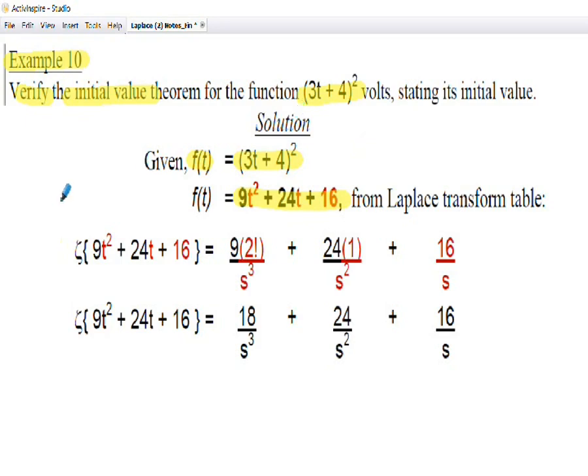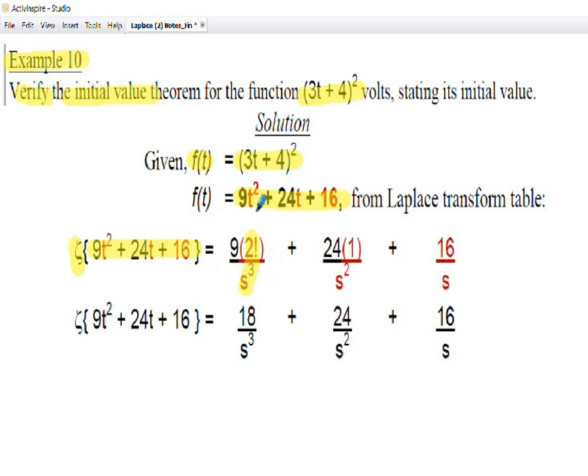We're now going to find the Laplace transform of the 9t squared plus 24t plus 16. Now when you look at the terms here, we've got 3 functions. We've got a t squared, we've got a t, and a constant. If you go to your Laplace tables, you will see for t squared, the Laplace transform is 2 factorial over s cubed.